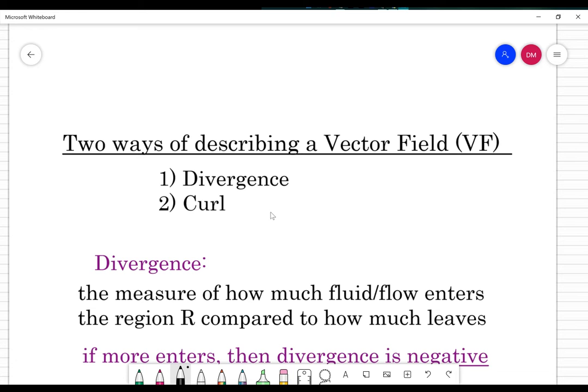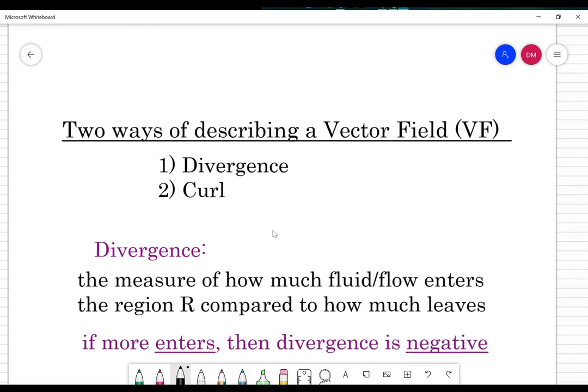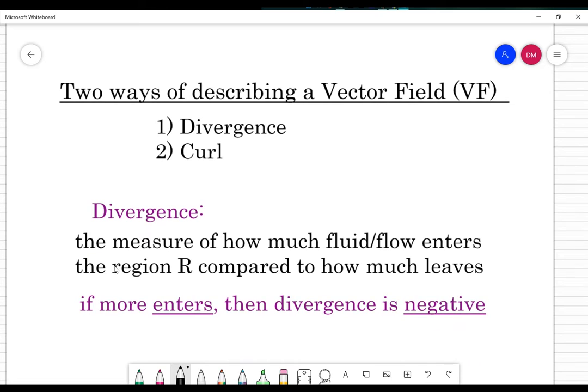First, we're going to talk conceptually about what divergence is. So divergence, starting there, is the measure of how much fluid or flow enters a region R compared to how much leaves. So I told you that we would talk a bit about water flow. This could be electricity, this could be energy, gravitational pull.